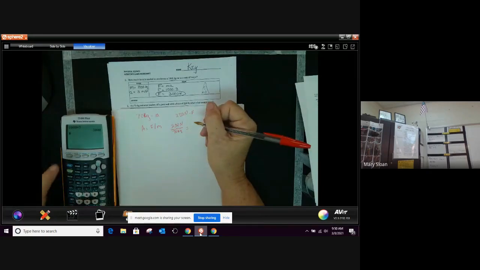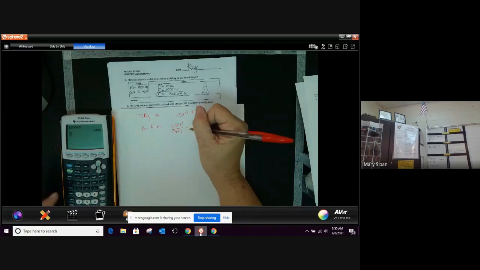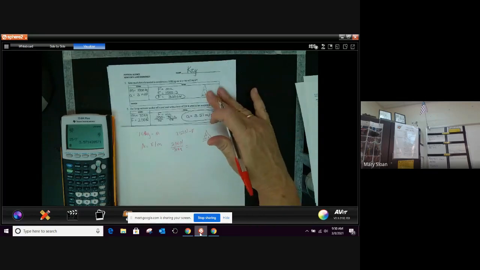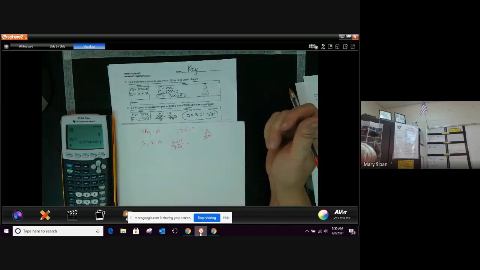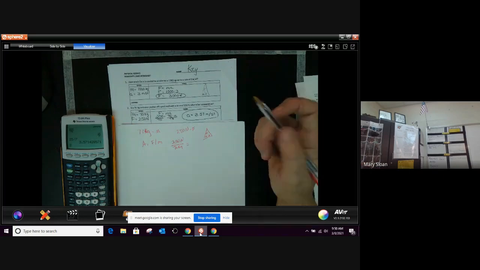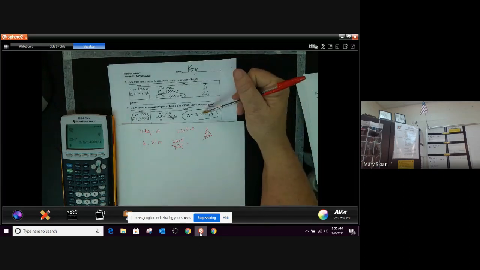If I do alpha y enter on mine to get a fraction, 250 over 70. Did you get 3.57? That's what I got on my calculation, and that's my acceleration. Is everybody good so far?